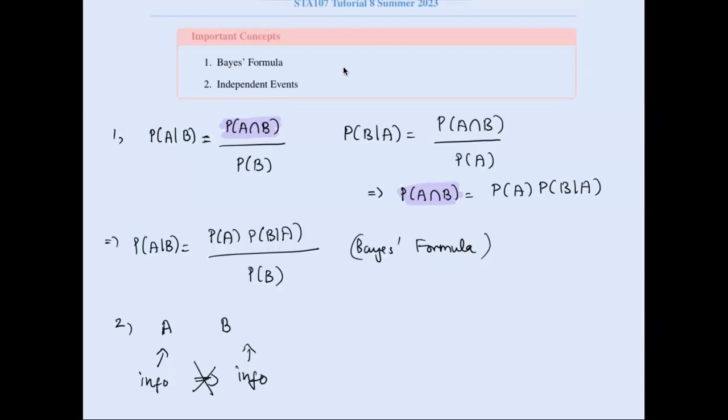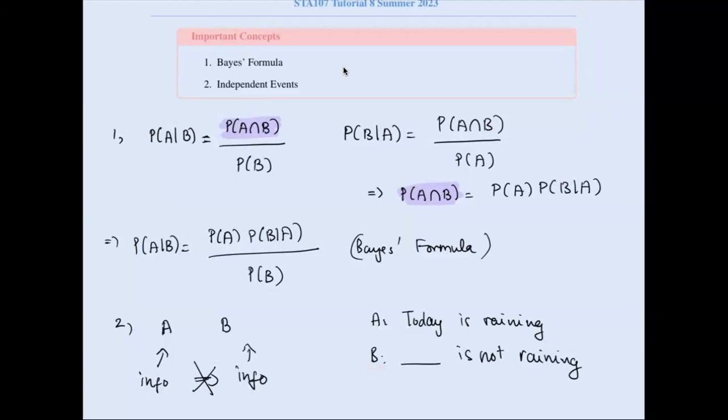However, if you have the event like today is raining and today is not raining, then they are not independent events. They are mutually exclusive events. If I call A is the event that today is raining, and B is the event today is not raining, then we know that if A happens, then B does not happen.